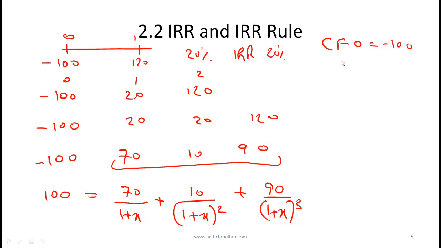Then you hit the down arrow, you will see cash flow 01. What do you think you'll plug in here? 70. So you plug in 70 and then enter. So you have now told the calculator that your first cash flow is 70. Then you hit the down arrow and you will see F01 is equal to 1.